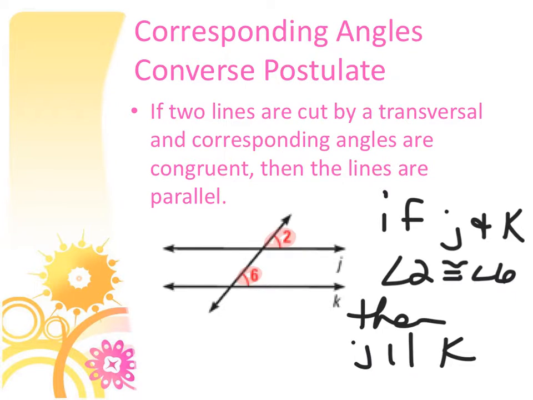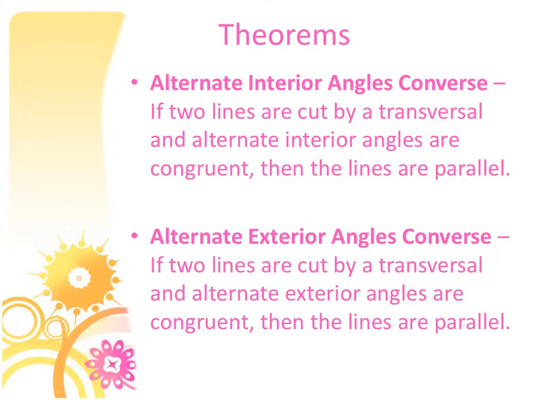Next. Now we're going to see the two theorems for the alternate interior and the alternate exterior. And again, these are the converse of what you learned in lesson 2. So if two lines are cut by a transversal and alternate interior angles are congruent, then the lines are parallel.